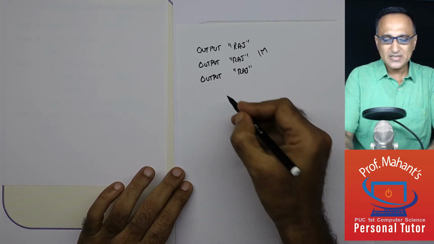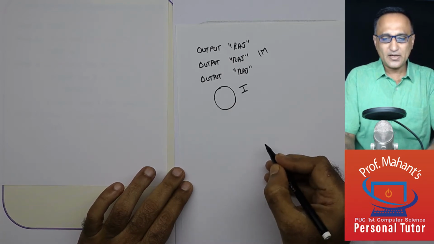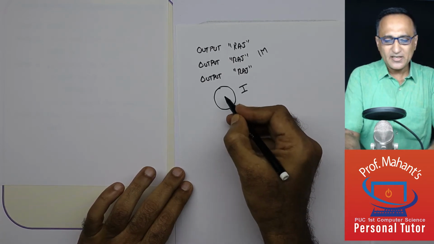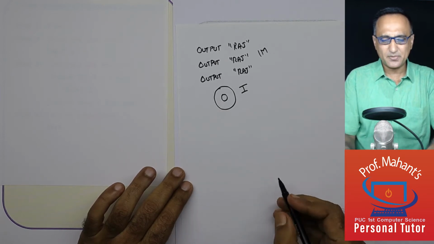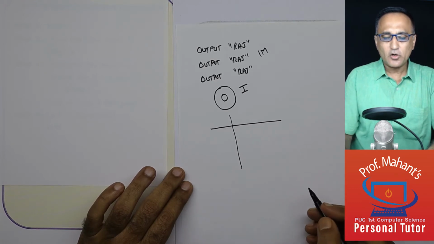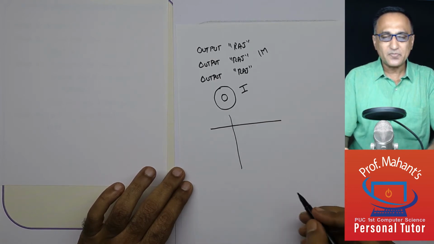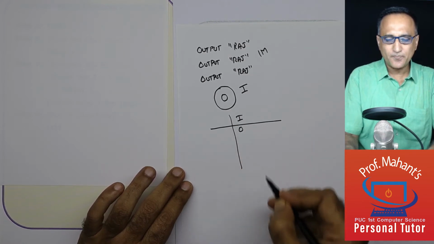So, what I will do is I'll keep one memory location. Let me call it I. Okay, and I will give it the initial value, let us say 0. Okay, just giving an example. Now what I am doing is I am going to print your name Raj on the output. So here is I, initially it's 0.